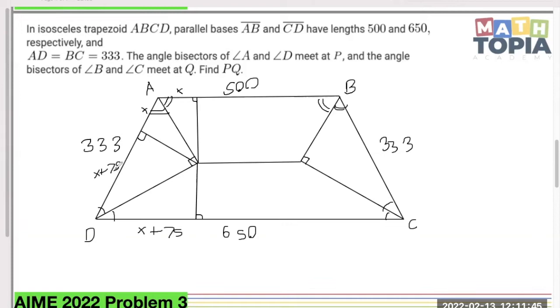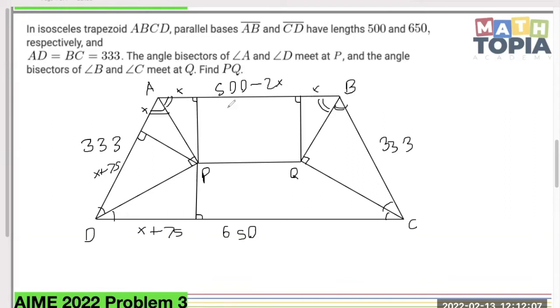And we instantly see this makes the problem trivial, because all we're looking for is PQ. If we drop this altitude here as well, this is X. If we're just looking for this length here, PQ, this goes over to here: 500 minus 2X.